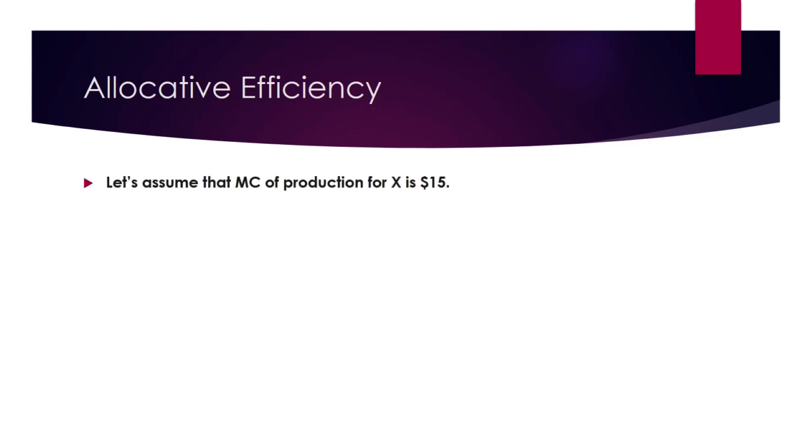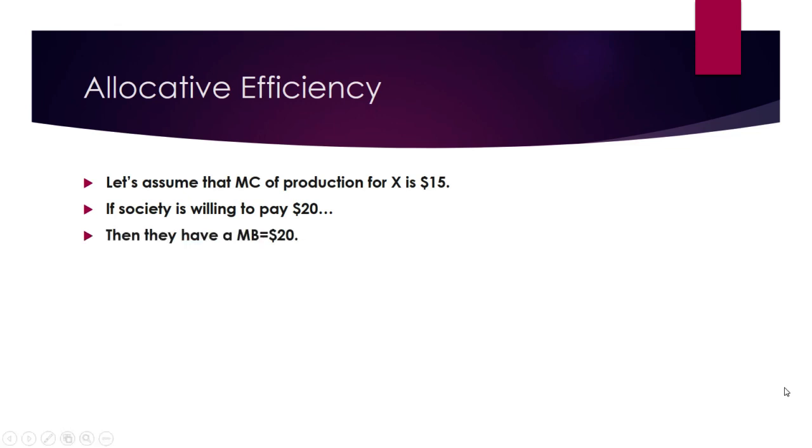So let's assume that marginal cost of production for our operation is $15. But society's willing to pay $20. So marginal cost of production is $15, but society's willing to pay $20. Well, I should be able to, from this, determine that means that people have a marginal benefit of $20.